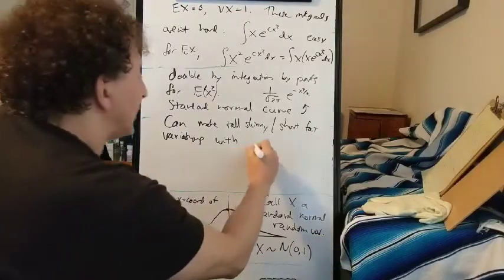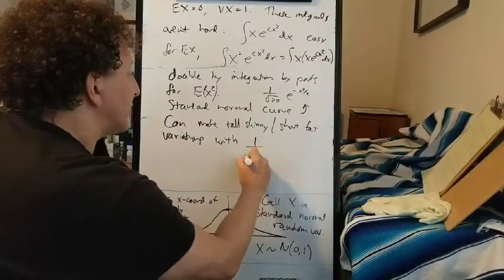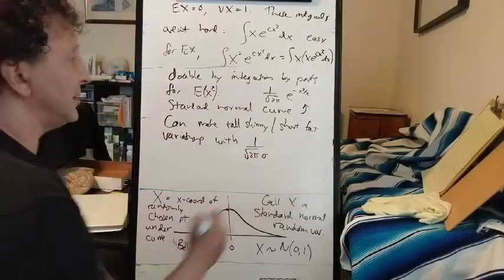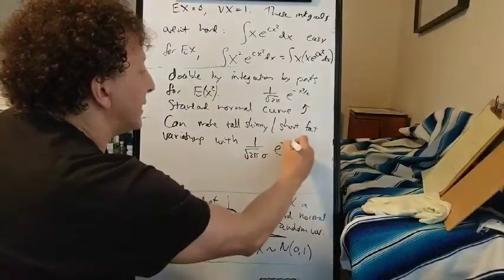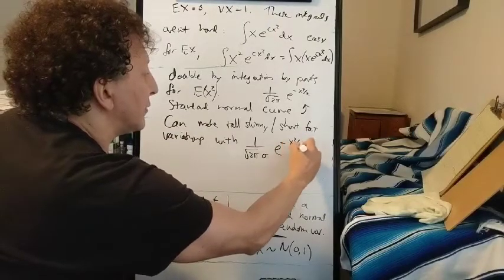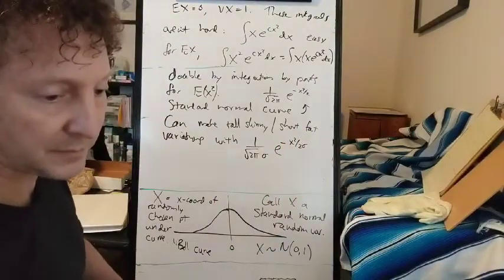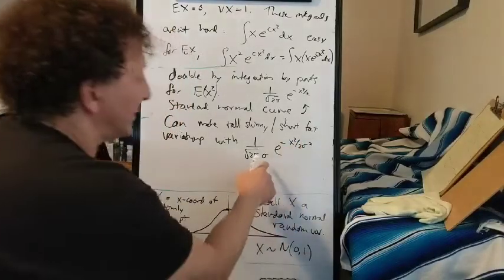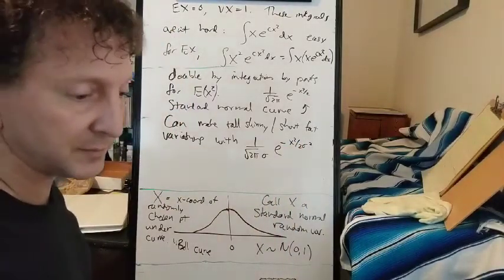So we can look at the variation 1 over square root of 2 pi, with a number sigma here, e to the minus x squared over 2 sigma. Oh, sorry, sigma squared here and a regular sigma in the fraction.